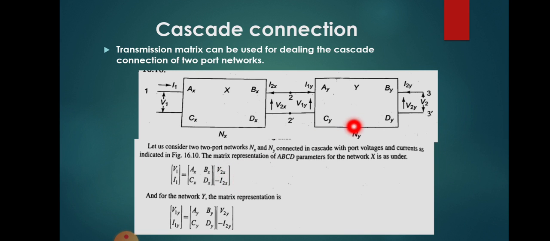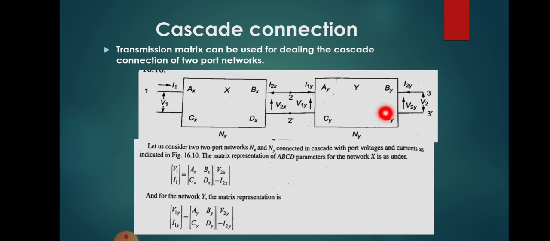Similarly, we can represent the next network Y in transmission matrix form. Here the input is V1Y and I1Y, which equals the matrix AY, BY, CY, DY, shown here.